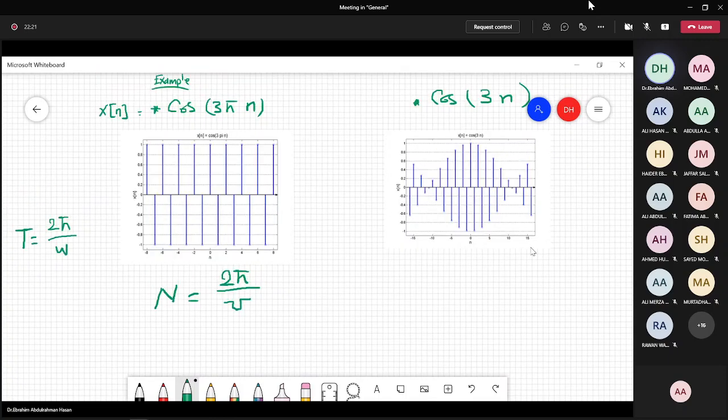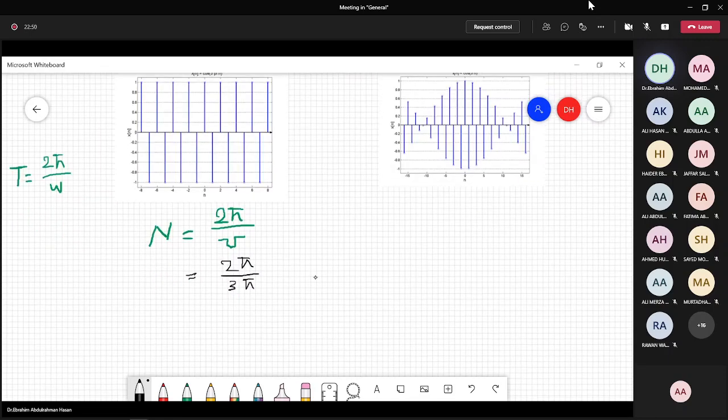Okay, for this one, it is equal to 2 pi divided by omega. This is omega here, whatever we have in front of n. So then it is equal to 2 pi divided by 3 pi. So it is equal to 2/3.